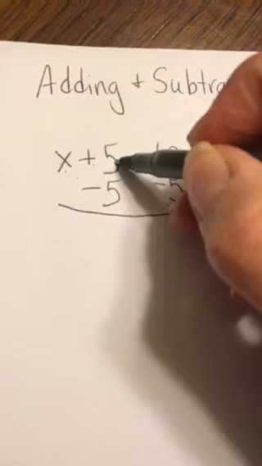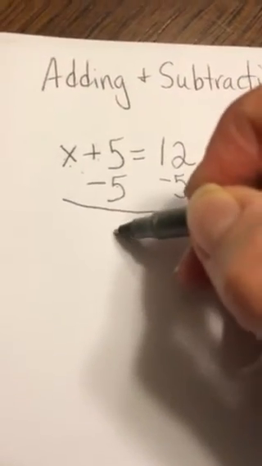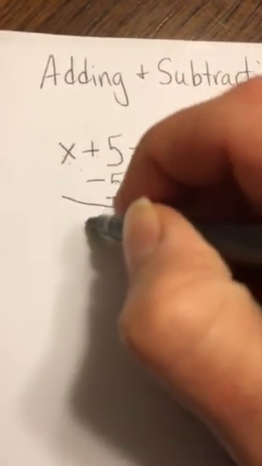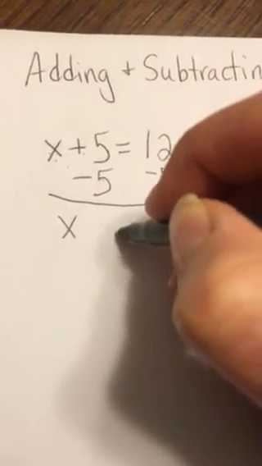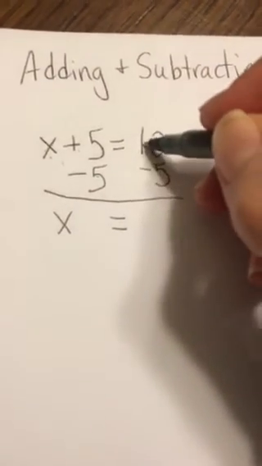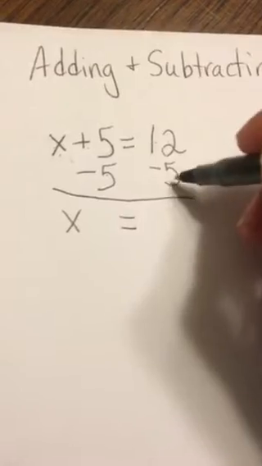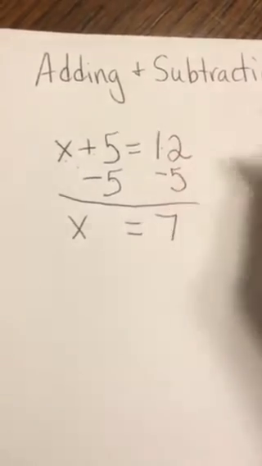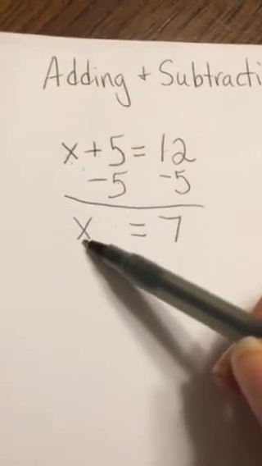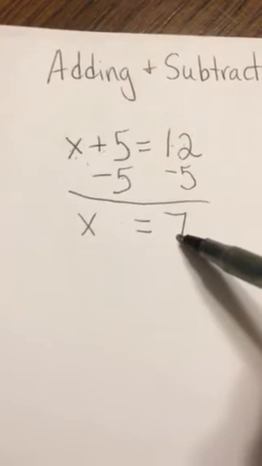Well, we know positive 5 minus 5 is 0. So I'm just going to bring down this x. I'm going to bring down my equal sign. And now I have 12 minus 5 is 7. My x is equal to 7.